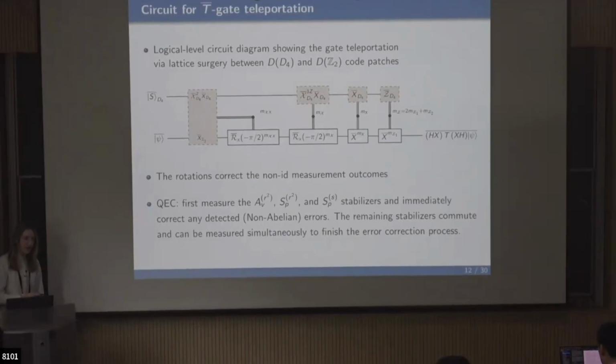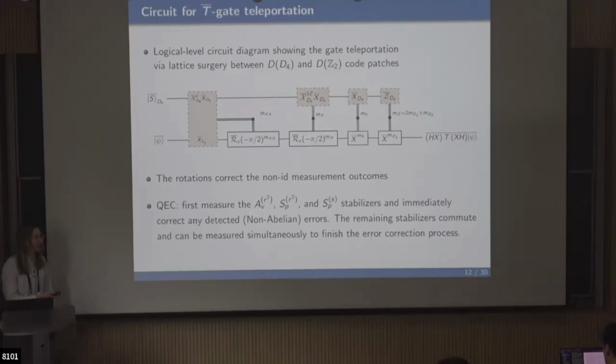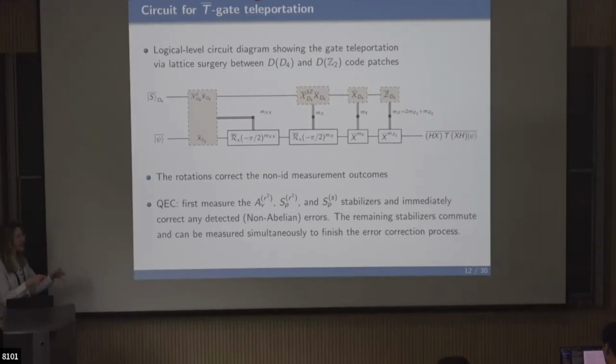So from the point of view of the error correction, as we reviewed, the quantum double algebra is actually non-abelian. So we will see later on in more detail that the stabilizers don't all commute. And in particular, we will have some terms appearing on the right-hand side. So we'll have commutators of stabilizers that are not zero, but give some other stabilizers.